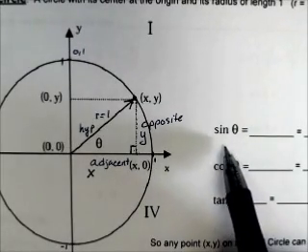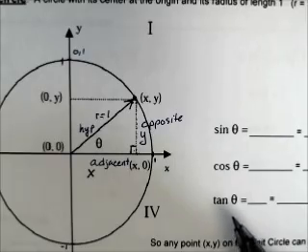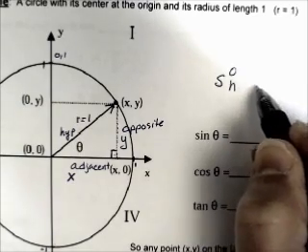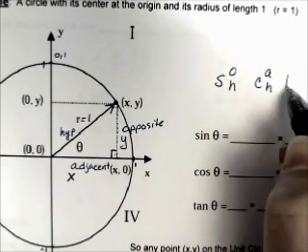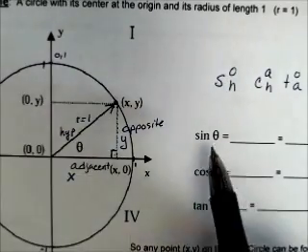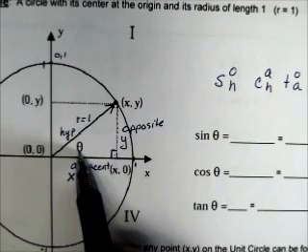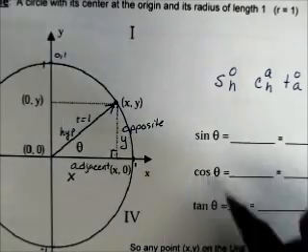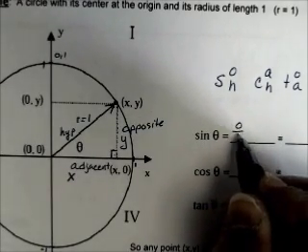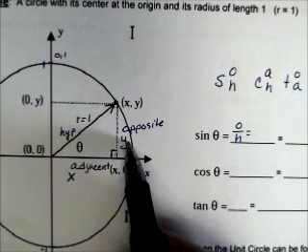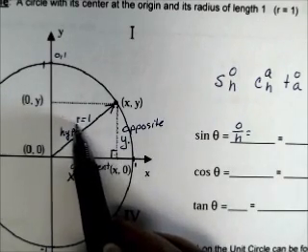Now, how can we represent the sine of theta? Well, recall our SOHCAHTOA, where sine is equivalent to opposite over hypotenuse. So in relation to our angle theta here, the sine of theta would be opposite over hypotenuse, which in this diagram, the length of the side opposite is represented by the variable y, and the hypotenuse is our radius, which in this case is 1.